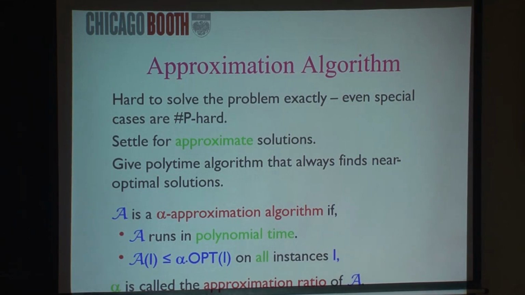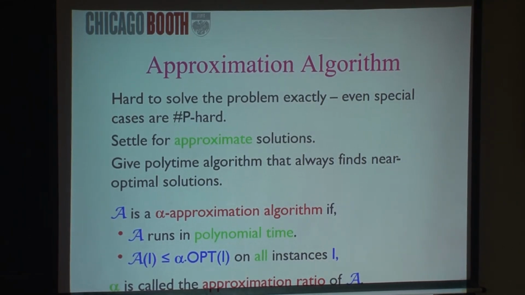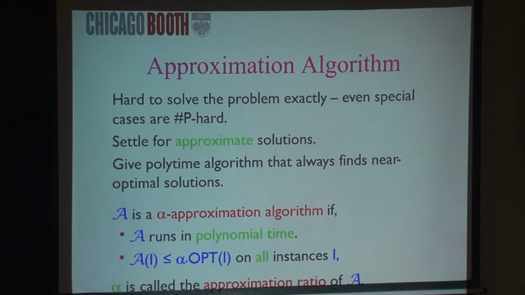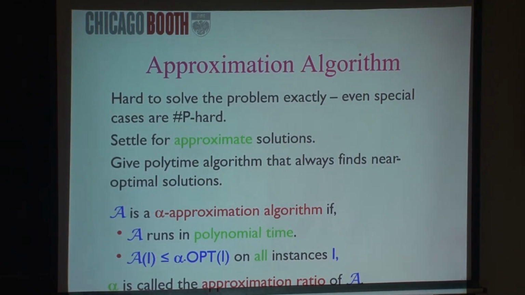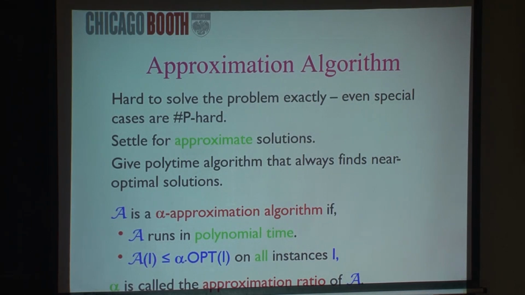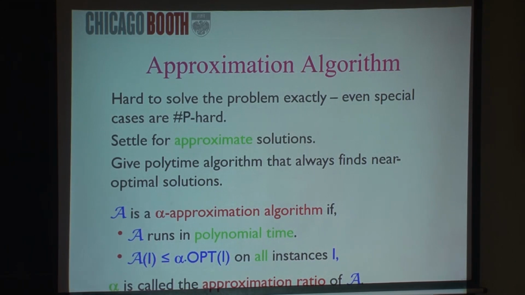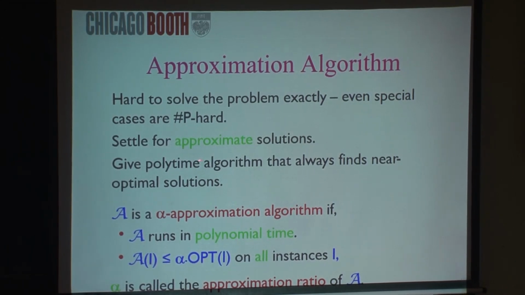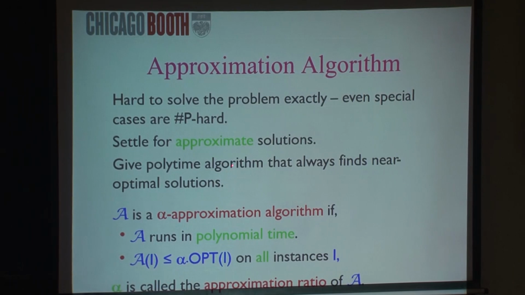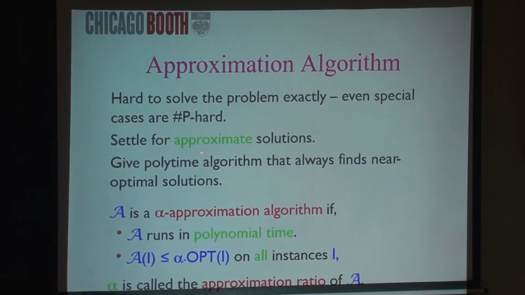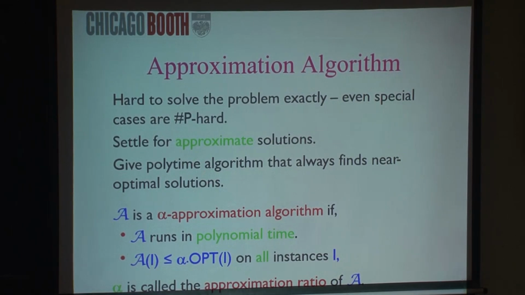There's no polynomial algorithm that should be able to solve this optimally. That means we have to solve it approximately in some way. And if we're going to solve it approximately, we want at least to make sure that it's an algorithm that works in polynomial time, giving us something that's near to the optimal solution.